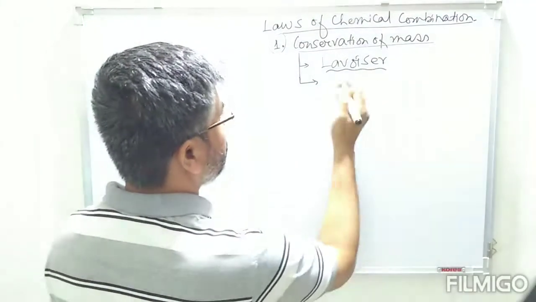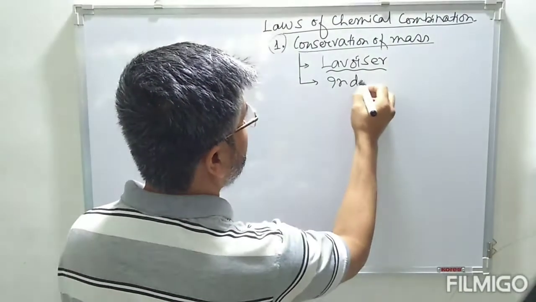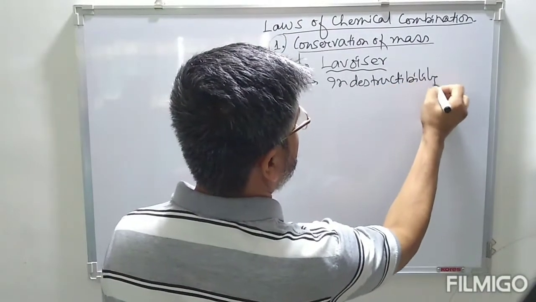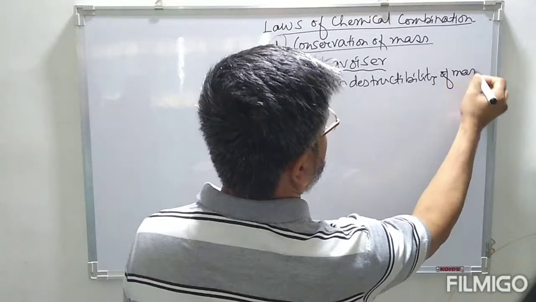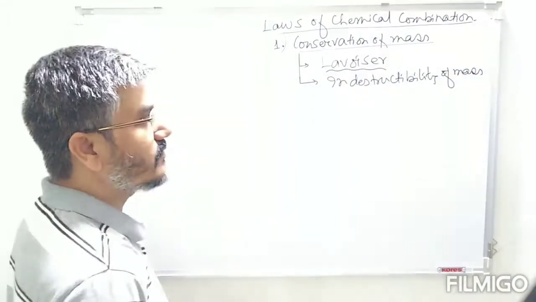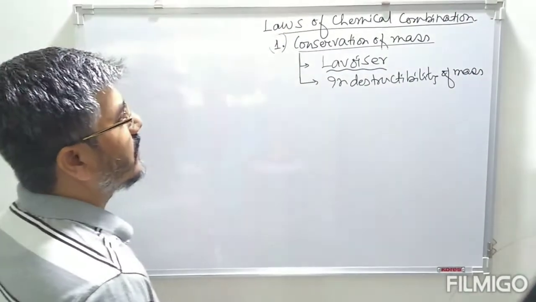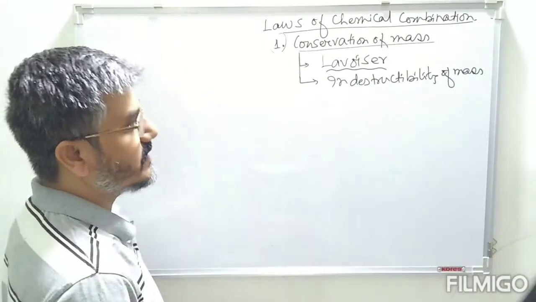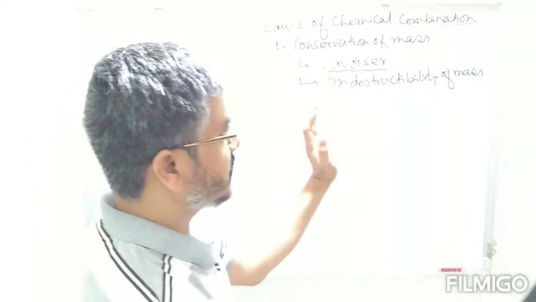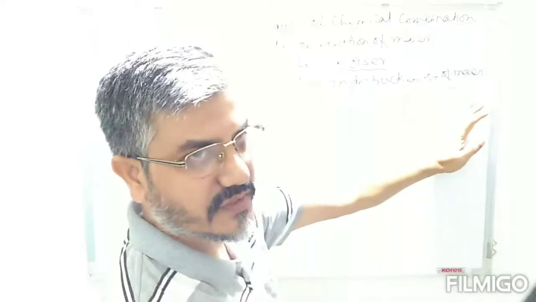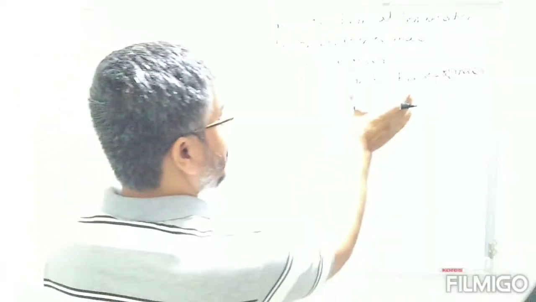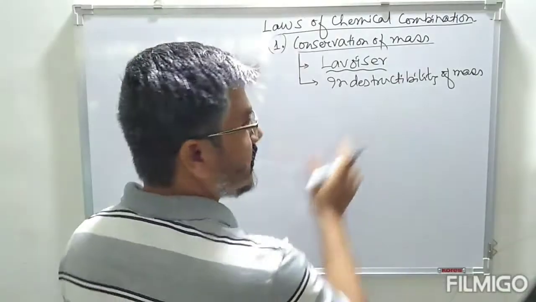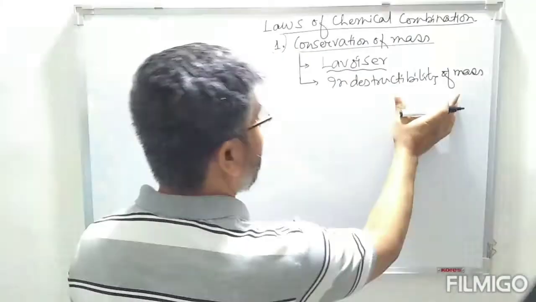I just mentioned it, this is also known as indestructibility of mass. In any given chemical reaction, the mass before the reaction is exactly identical to the mass after the reaction. That means mass can neither be created nor destroyed in any given chemical reaction. This is indestructibility of mass.